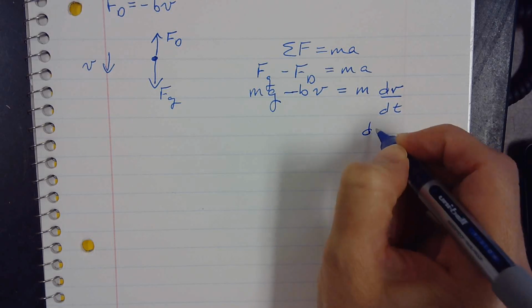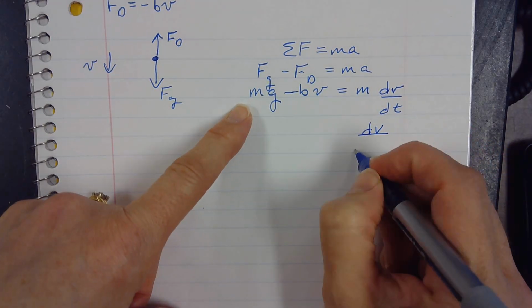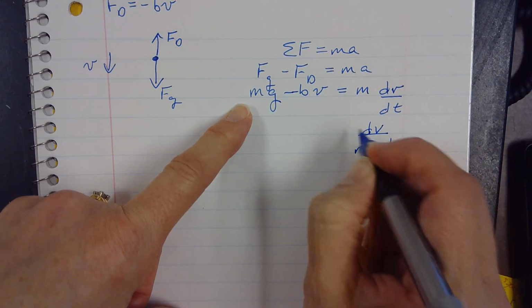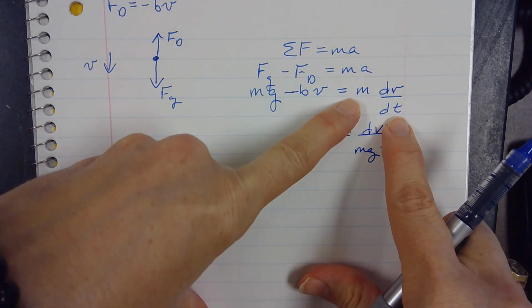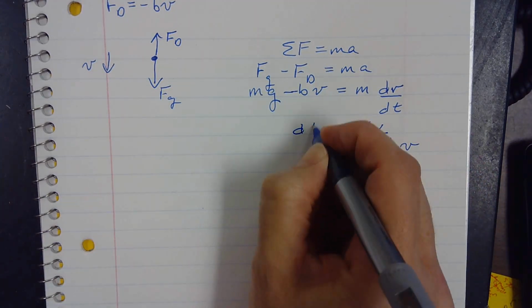So I'm going to keep the dv here and divide by this whole thing, mg minus bv. And then I'm going to move the m over dt to the other side, so it turns into dt over m.